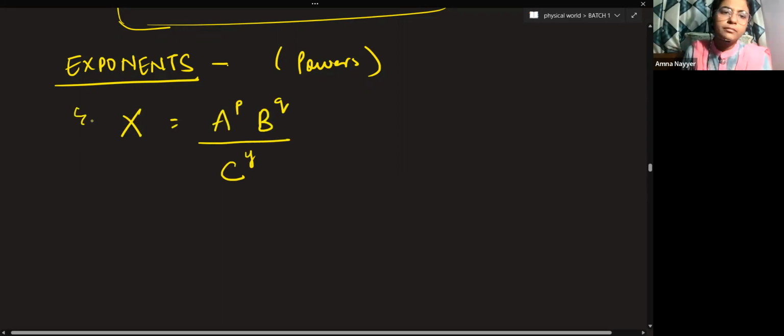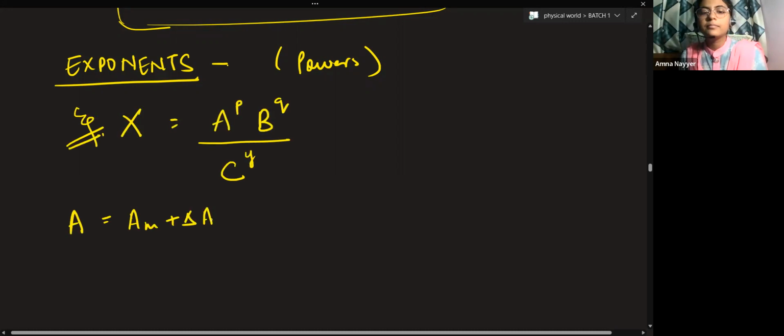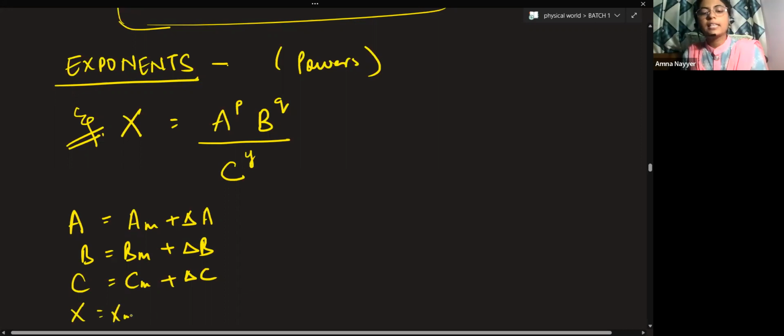Now a is actually am plus minus delta a. B will be bm plus minus delta b. C will be cm plus minus delta c, and x will be xm plus minus delta x. That's what we have been studying.